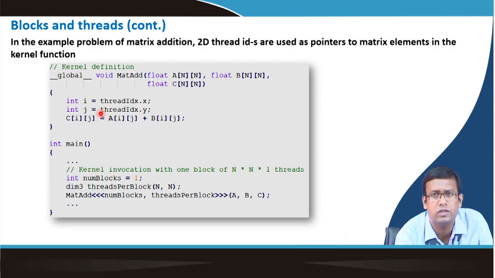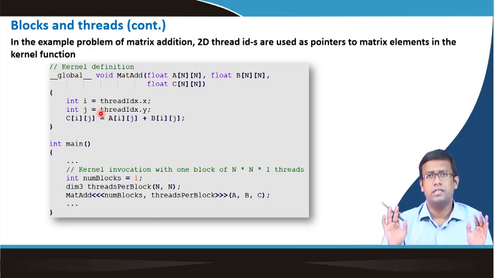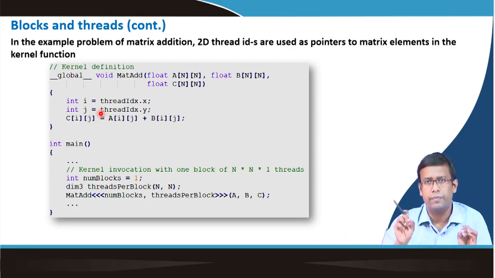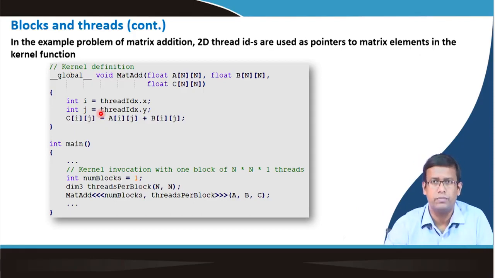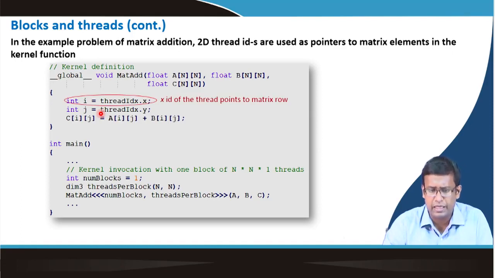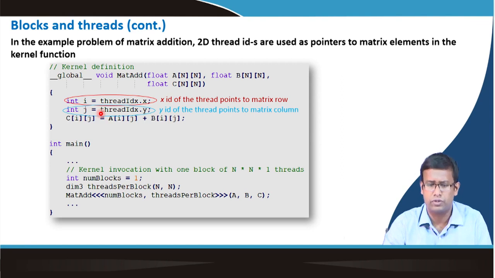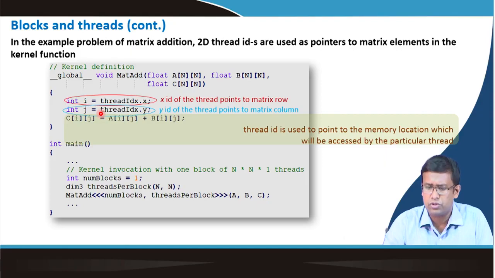So far so good. This is simple in a sense that each thread will do the same operation. One thread will pick up one particular location of matrix A, the corresponding location of matrix B, add these two variables, and put the result in the corresponding location of matrix C. So the x ID of the thread points to the matrix row, the y ID of the thread points to the matrix column, and we get the sum. Thread ID is used to point to the memory location which will be accessed by the particular thread.